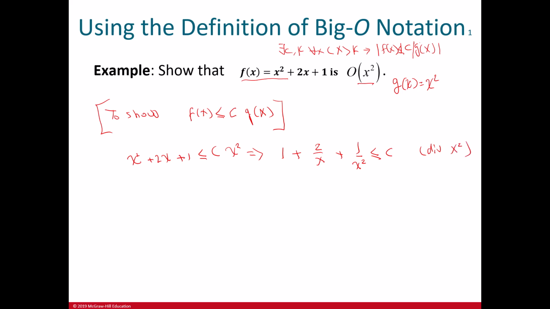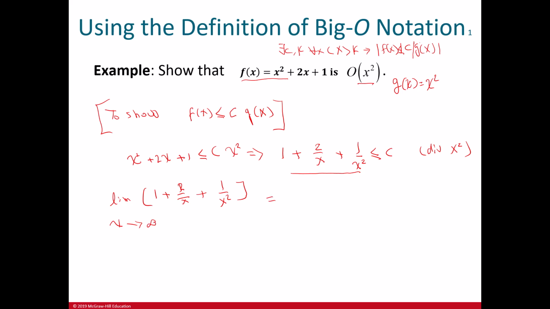Then I'm going to find the limit for this part. So I'm going to say the limit of 1 plus 2 over x plus 1 over x^2, as x goes to infinity.